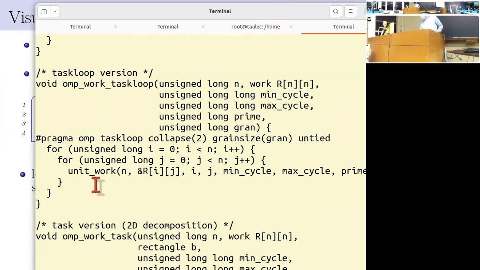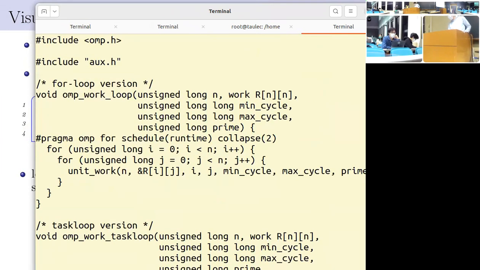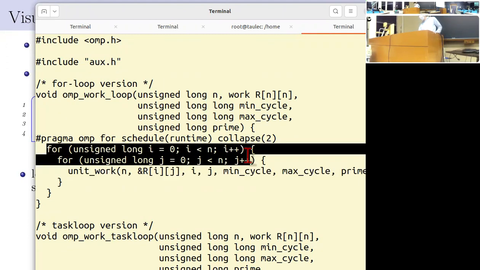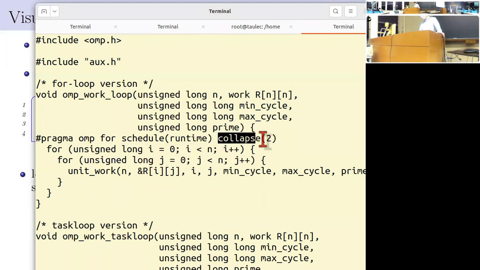Here you have a doubly nested for loop, which is scheduled by this runtime directive, so I can change the scheduling strategy at runtime. You also notice that this is collapse(2), so the entire doubly nested loop is divided among threads.